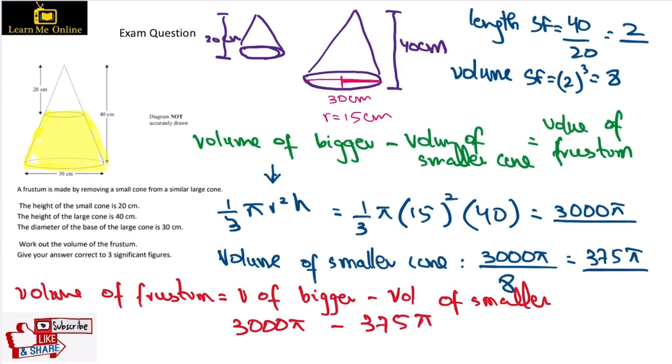You take them away, and because the question says to give your answer to three significant figures, the whole thing would be 8246.68. This is not three significant figures, so your final answer written in three significant figures would be 8250. That would be the volume of the frustum. Because the unit is centimeter, the volume would be centimeter cubed.